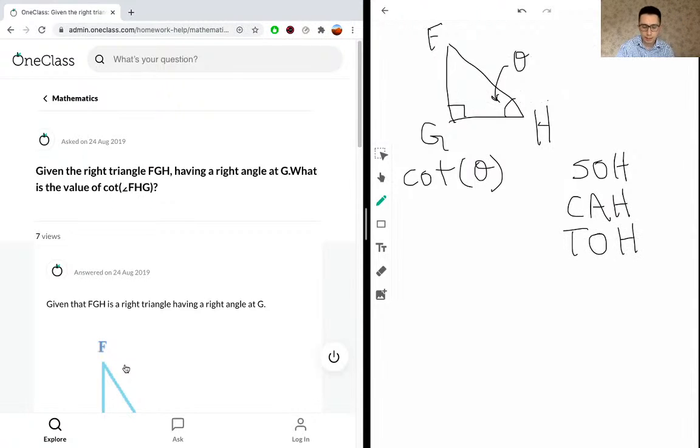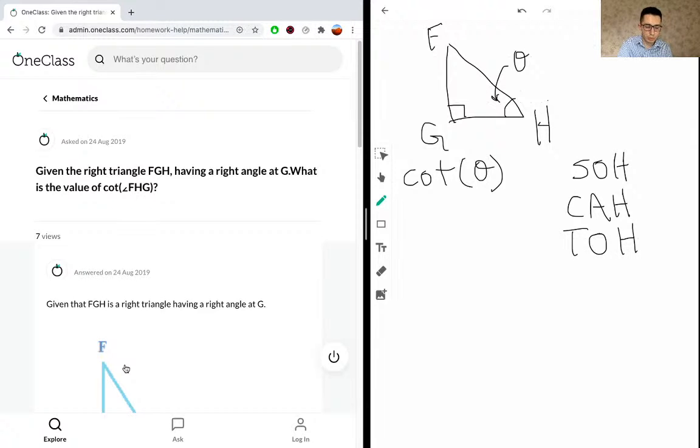It's a mnemonic that tells you sine theta will equal opposite divided by the hypotenuse. So if we look at this diagram for the angle theta, the opposite would be GF divided by the hypotenuse, which would be HF.